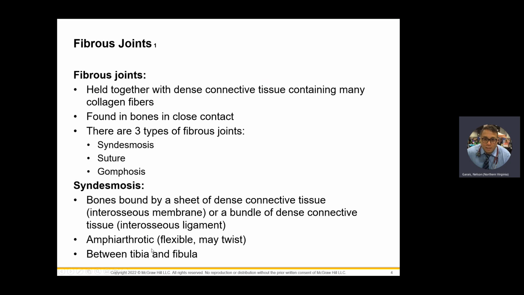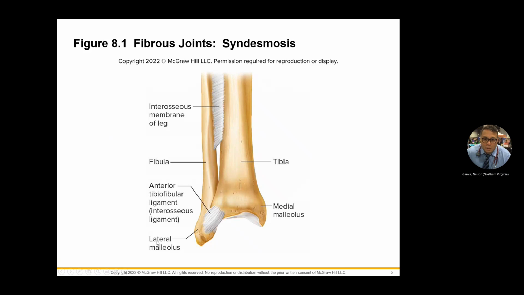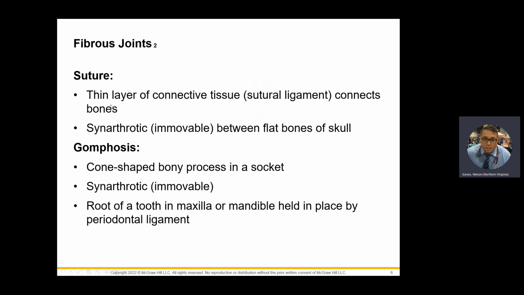Amphiarthrotic, flexible, may twist, right? Now, what are some other examples? Suture. Remember the skull? Your skull had all those little jaggedy lines. So when you were a baby, you had a soft head. You had fontanelles. You actually had a hole in your head, right?